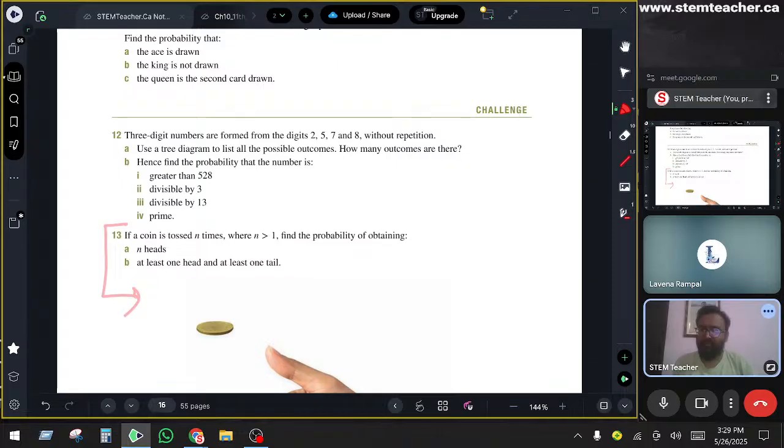A coin is tossed n times, where n is greater than 1. Find the probability of getting n heads. A coin tossed n times: head, tail. One time you will get two outputs.